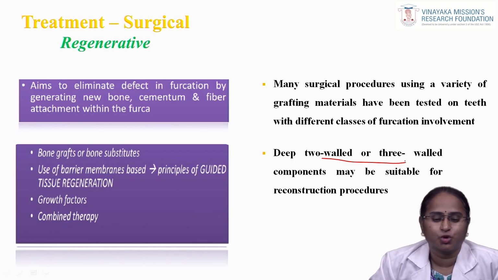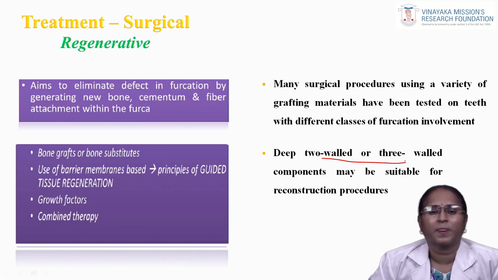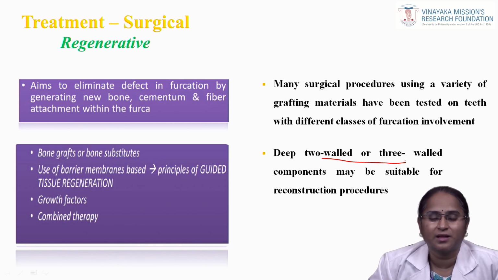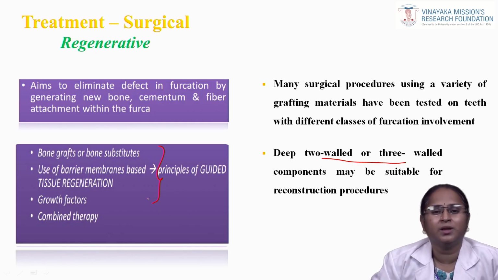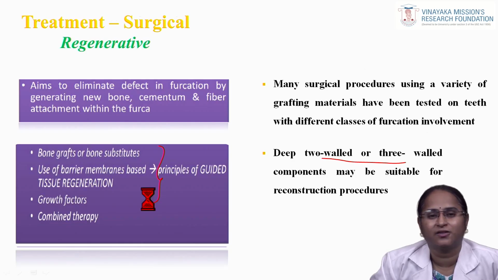Bone grafts or bone substitutes, use of GTR membranes, that is guided tissue regeneration membranes, and growth factors, or a combination of these therapies will be helpful for grade 2 and grade 3 furcations.